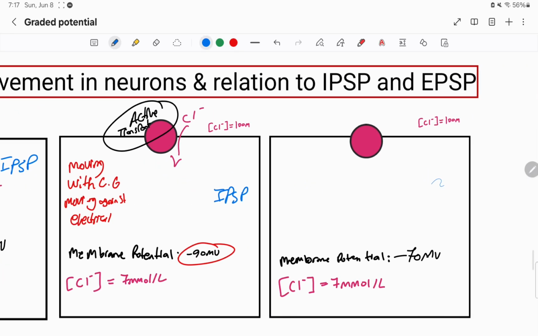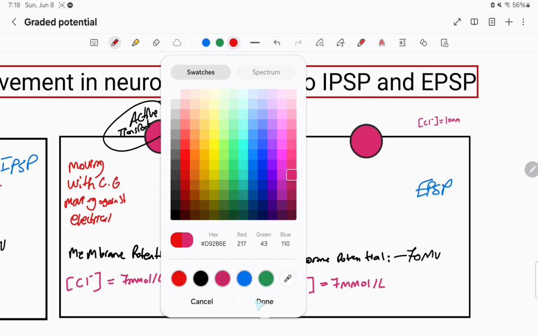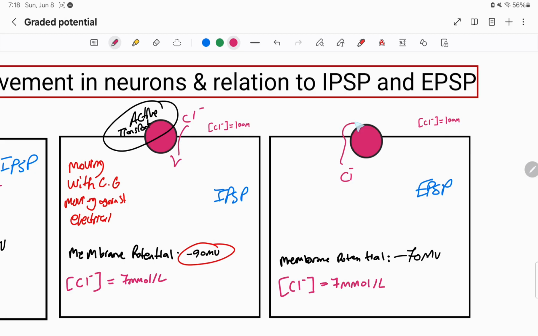Now, similar scenario, but we want to cause an EPSP. If we want to cause an EPSP, I would have to forcefully move chloride outside of the cell, negative charge out. Well, if that's the case, I have to move the chloride against its concentration gradient, because look, it's 7 inside, but 100 outside. So I have to move it from low to high.